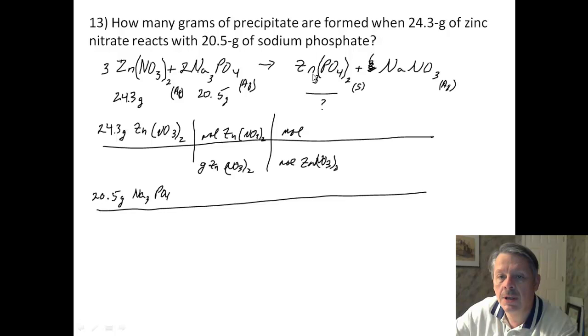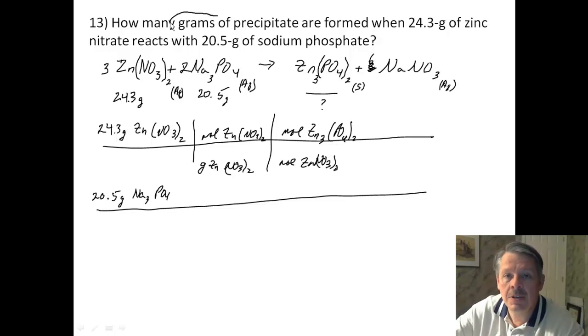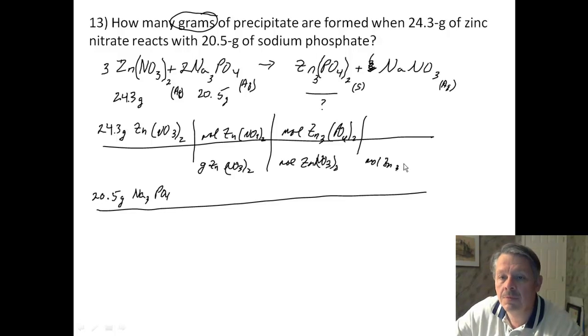And in our case, the target is the precipitate, which is zinc phosphate, Zn3(PO4)2. And because it's asking us for grams of precipitate, we have to go one more step from moles of zinc nitrate, moles of zinc phosphate, I'm sorry, Zn3(PO4)2, to grams of zinc phosphate.